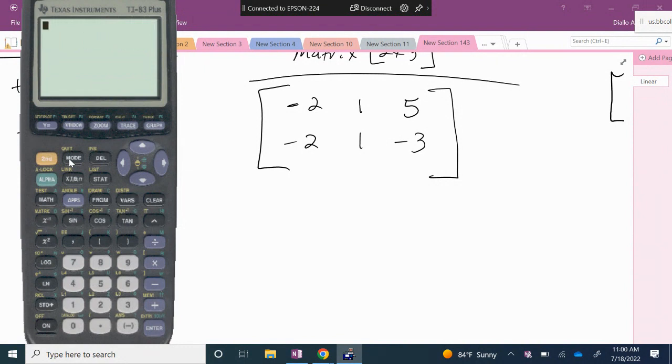And now here's a trick you can do with your calculator. Instead of going back in the matrix and going to RREF, if you hit second and enter, it'll scroll through the memory on your calculator. So if I hit second and enter, notice it brought up RREF A. And if I hit enter, it spit out a matrix.